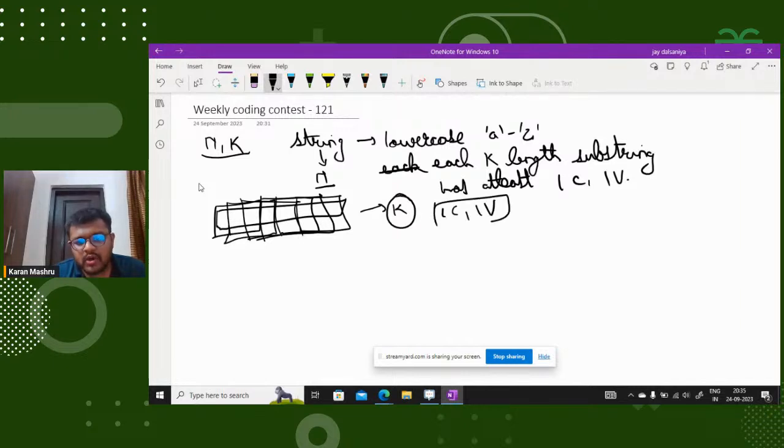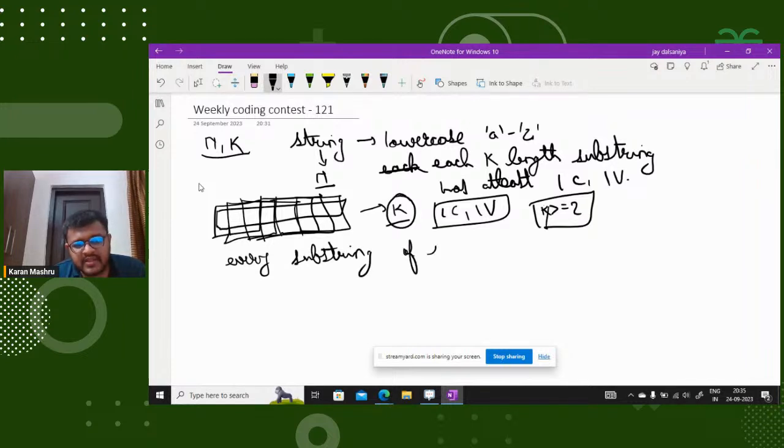So, to be on the safer side, the value of k can be anything starting from 2. What I can do simply is, for every substring of length 2, place one consonant and one vowel.